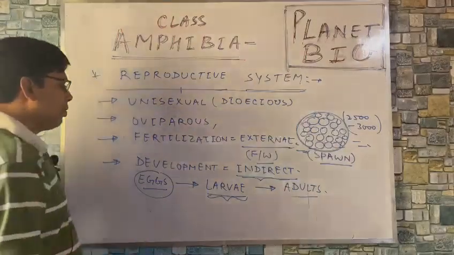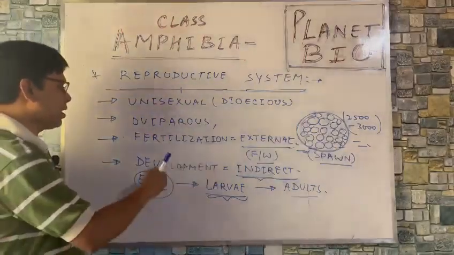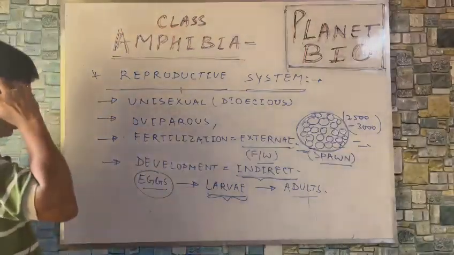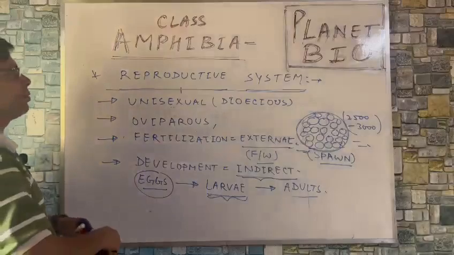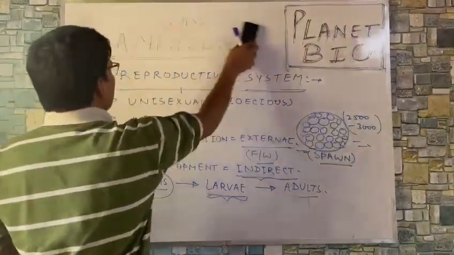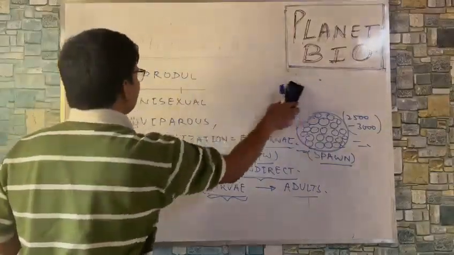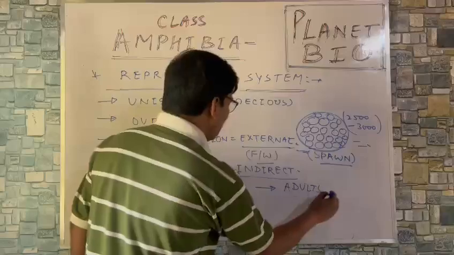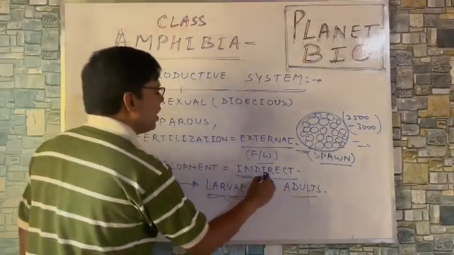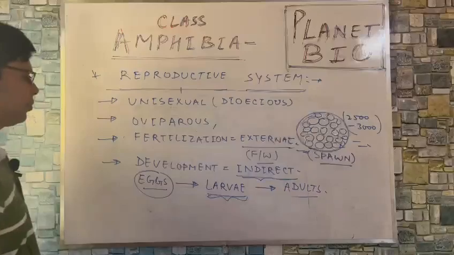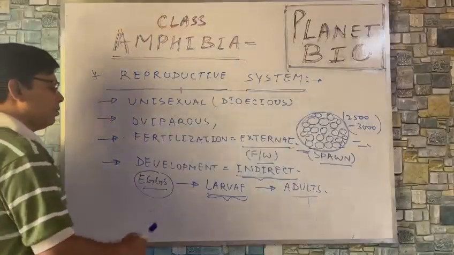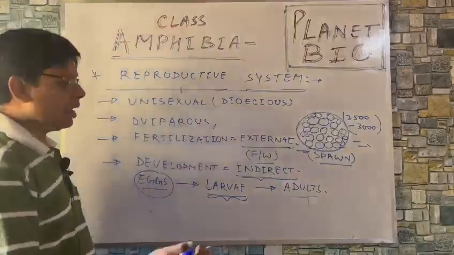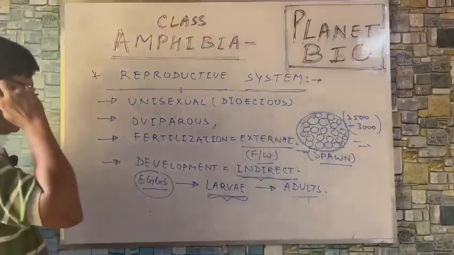If adults are developing from eggs, then direct development. If larvae are present, then indirect.